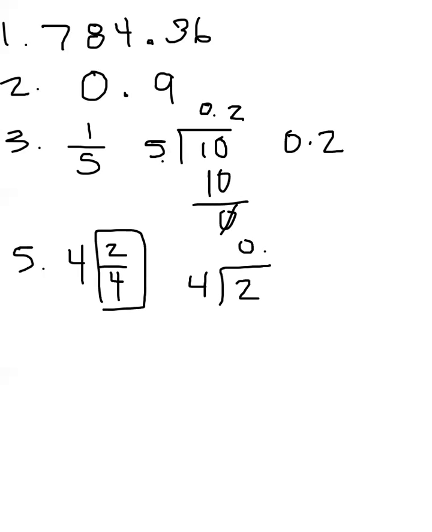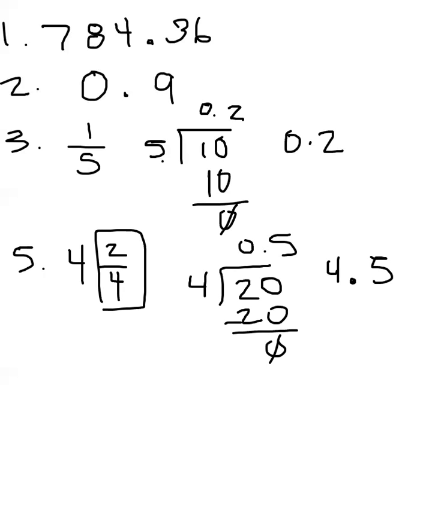So add a 0, add a decimal and add a 0. How many times does 4 go into 20? 5 times, right? 5 times 4 is 20. Subtract, no remainder. So again, we have 4 wholes, and then we write our decimal 0.5. Okay.